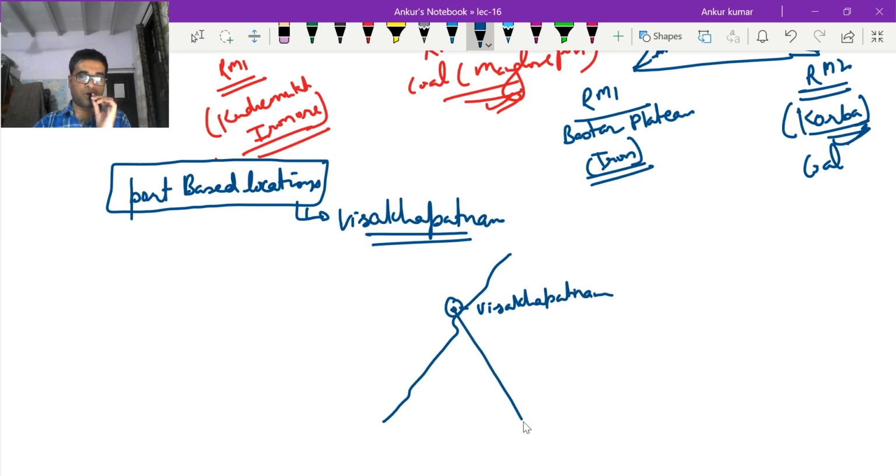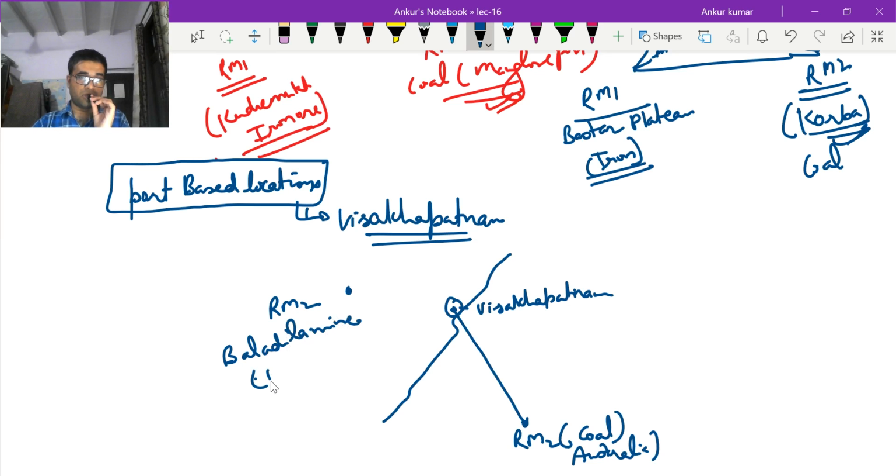Right? One raw material, that is coal, that comes from Australia, right? Another raw material is the iron ore, that comes from the Bailadila mines in Chhattisgarh. This is another raw material center, right?